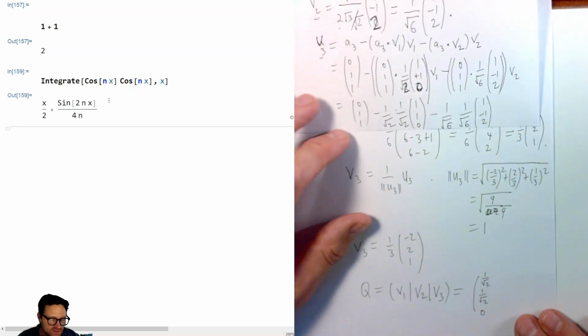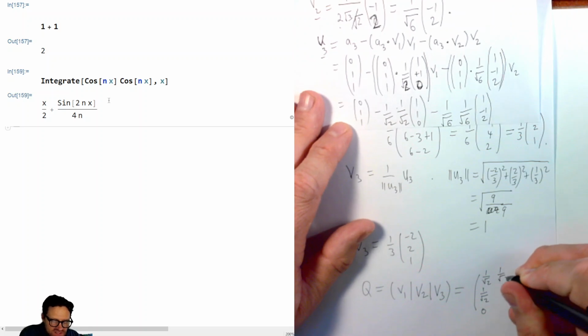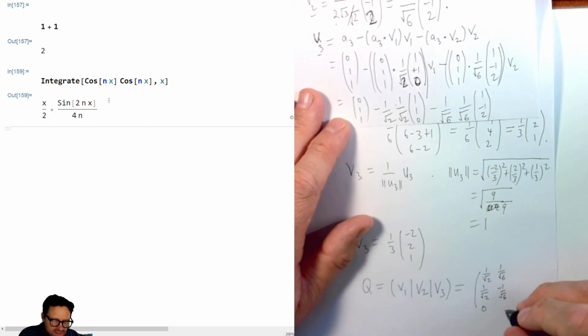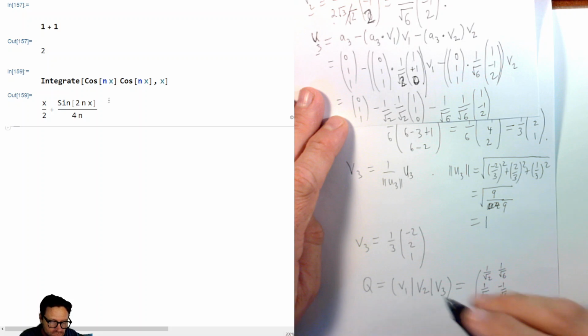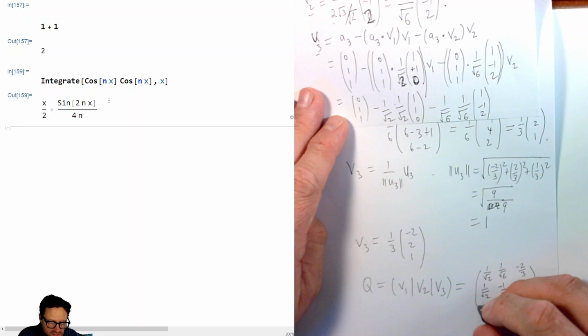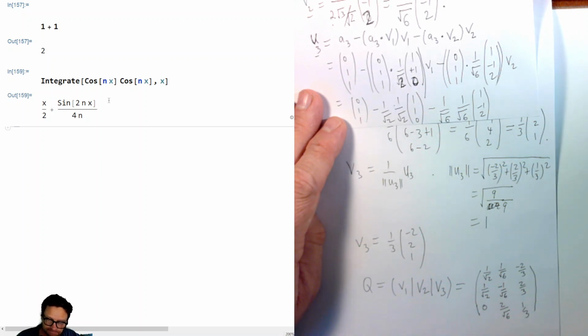Okay, now let's find V2 and do the same thing for that. We have 1 on root 6, minus 1 on root 6 and 2 on root 6. And then finally, V3: minus 2 on 3, 2 on 3, and 1 on 3. Okay, and hopefully this calculation was done correctly and we actually have an orthogonal matrix.